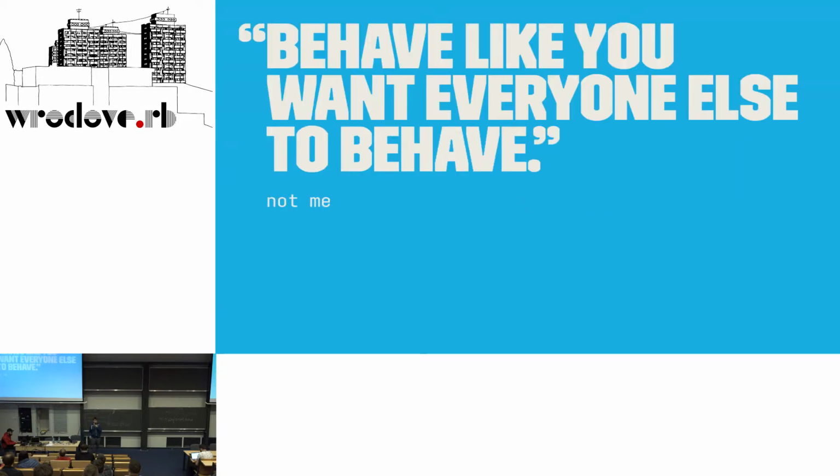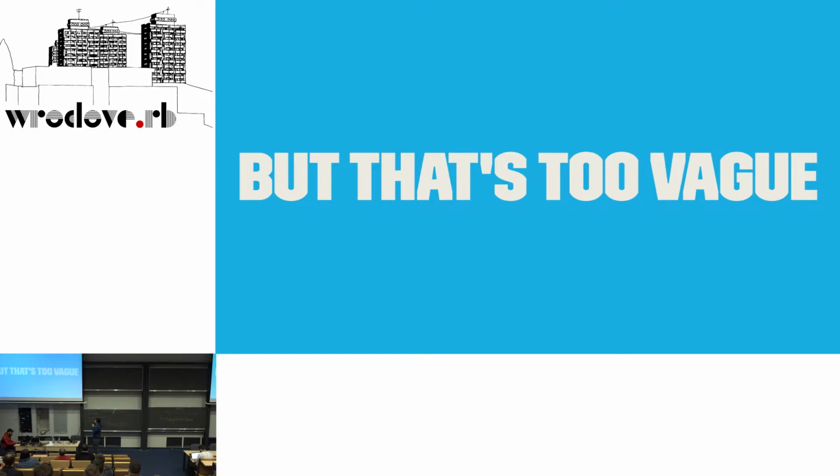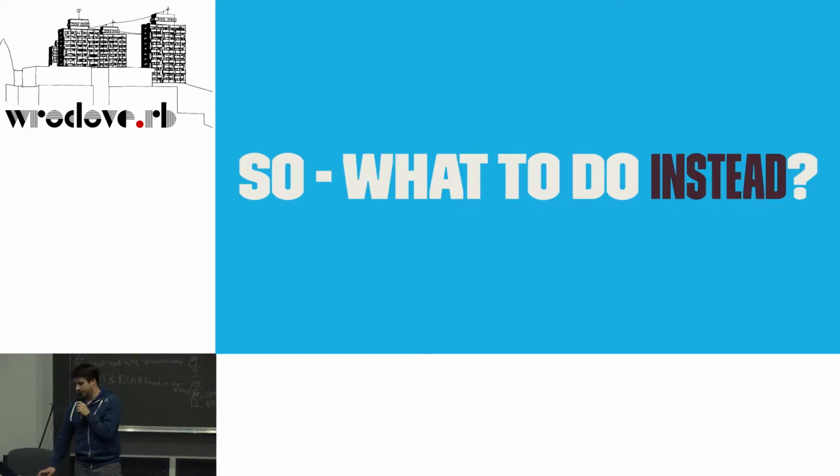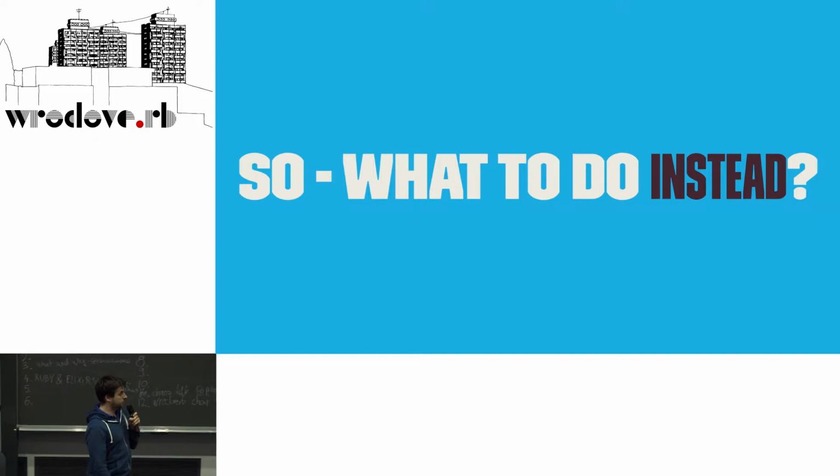All right, I could tell you some vague statement like this: behave like a change. What did I write down? Behave like you want everyone else to behave, but that would be too vague. And what to do instead? So you probably know already where I'm going with my talk.